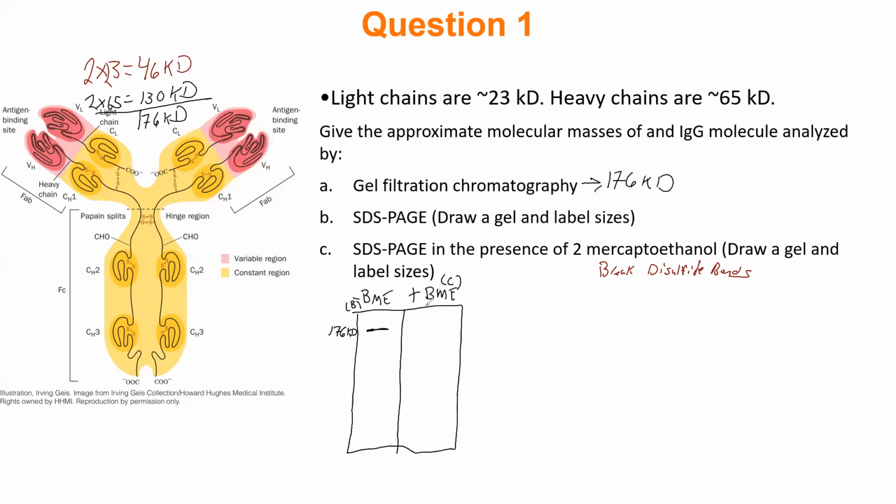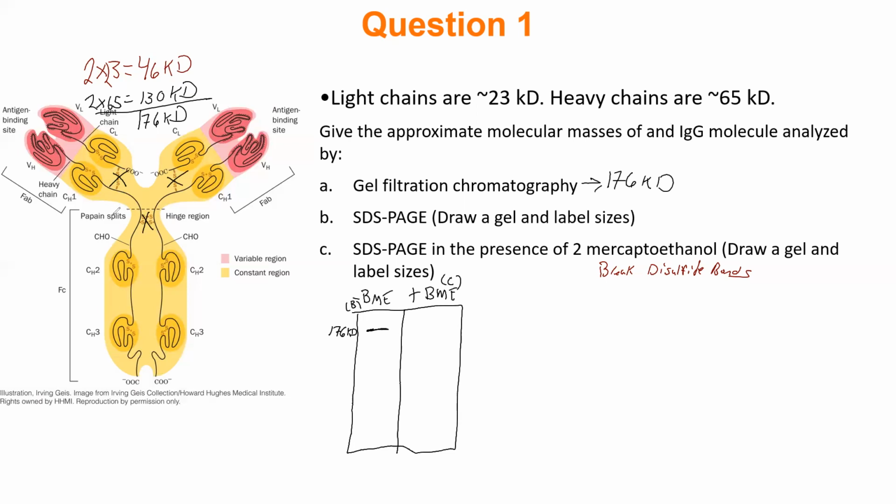However, if I have beta mercaptoethanol, I'm going to break disulfide bonds. And so in this image, you can see the things that hold a light chain and a heavy chain together are disulfide bonds. That's what this SS is. So these are broken, so the light chains and heavy chains are no longer interacting. And the thing that holds the heavy chains together as well are disulfide bonds, so these are broken too.